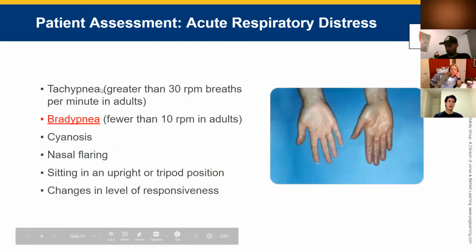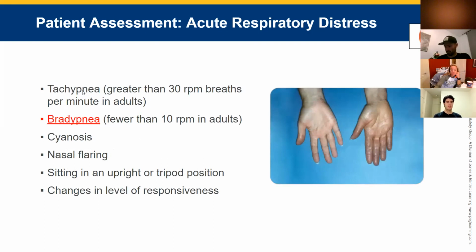All right. Again, this word pnea just means lungs or breathing. It kind of means both. Tachy in medicine means fast. So tachypnea means fast breathing, greater than 30 respirations per minute. And brady means slow. So bradypnea, it's kind of a weird one to say, means less than 10.